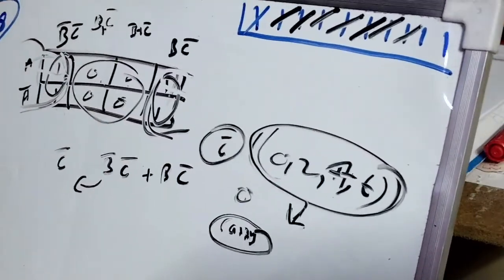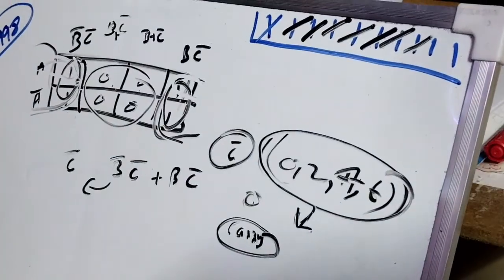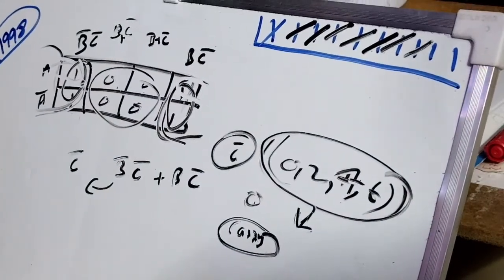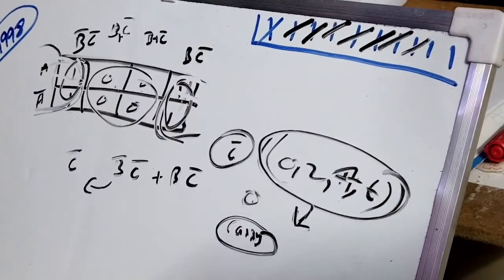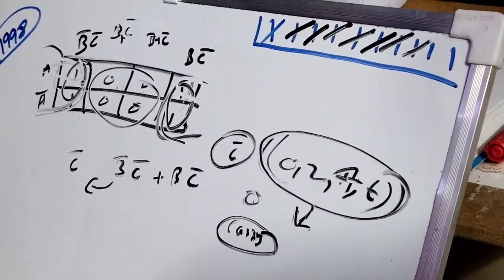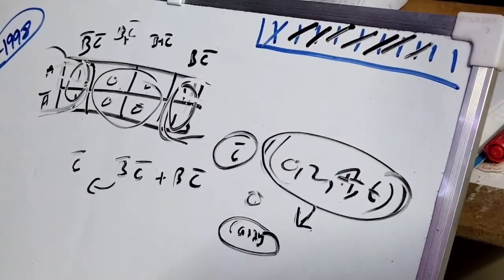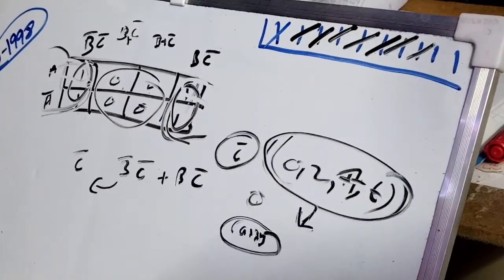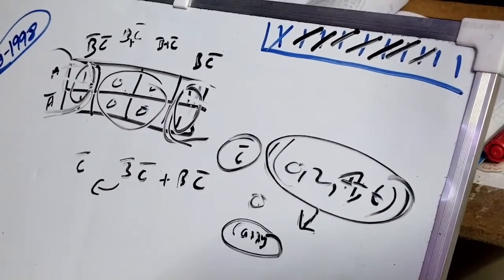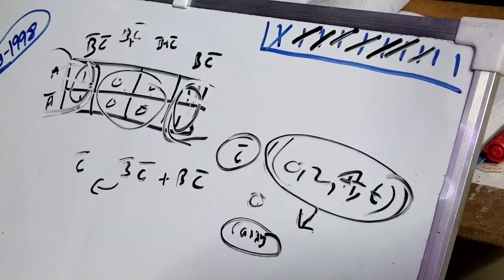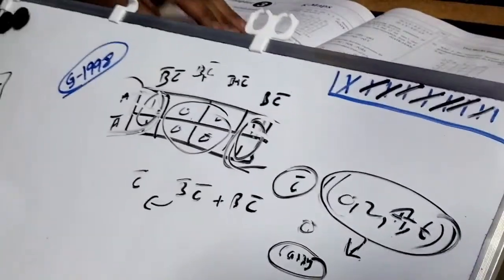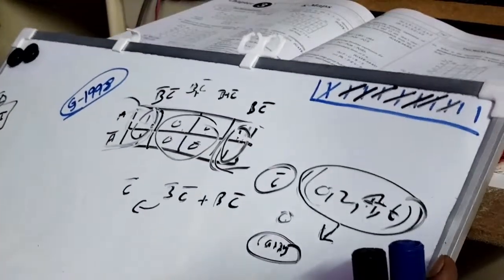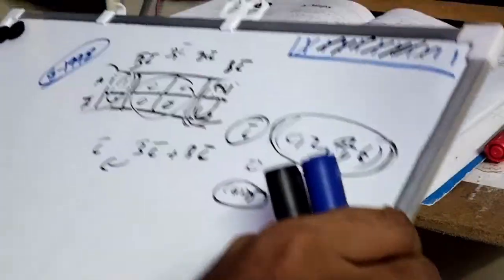Okay, solve it actually. No, the option was wrong. B bar C bar plus B bar C bar plus BC. Oh, so it will become like that.